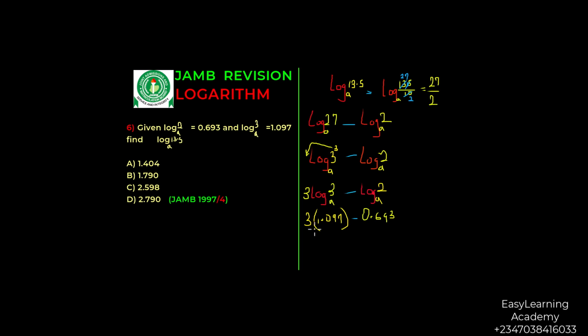Let's tidy this up now. Let's multiply: 3 times 1.097. If you multiply that out, it's going to give us 3.291.